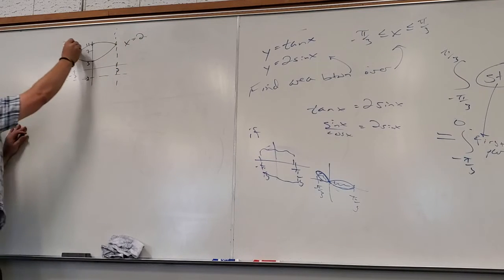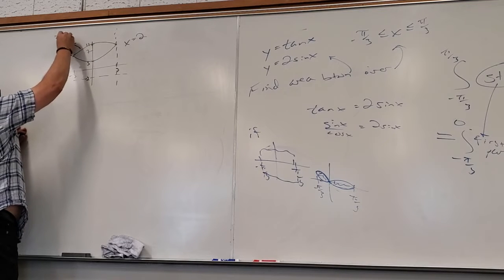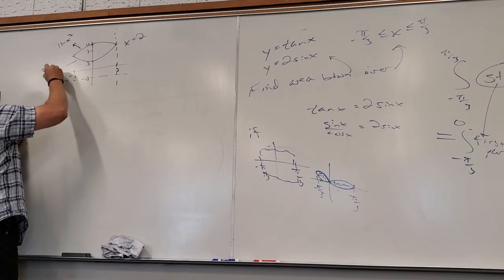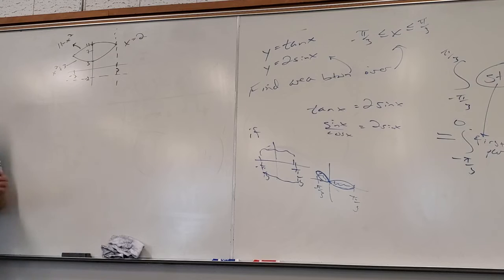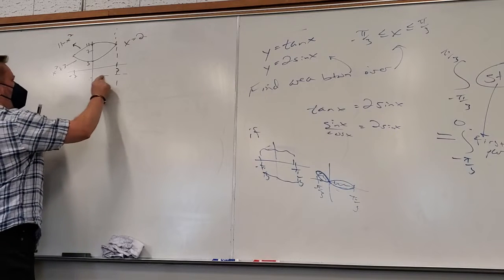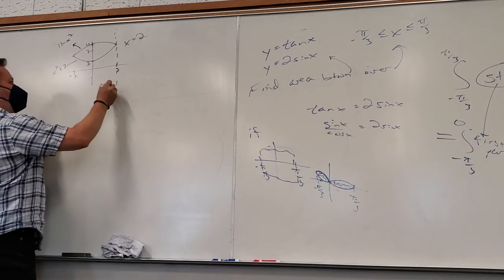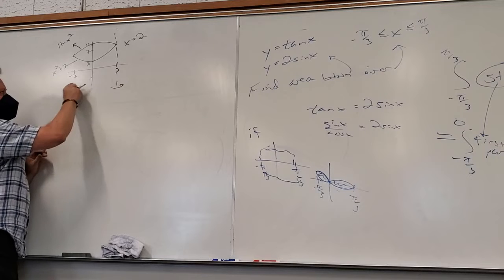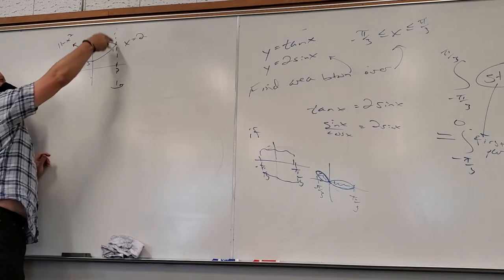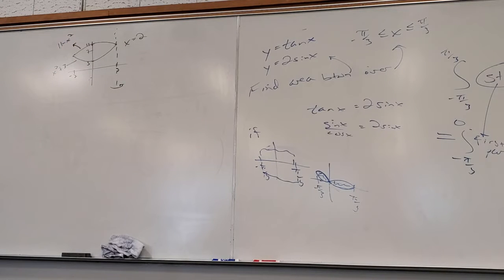Let me just remind us, this one was 11 minus x squared. So everything's the same, except instead of saying y equals -2, now I say x equals 2. That's my rotation axis. Sorry, I copied too much. So instead of y equals -2, I say rotate around x equals 2.